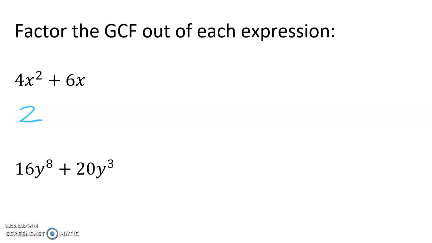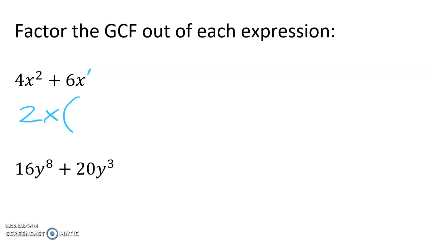Well, again, the smallest exponent would just be 1. I can factor out at least 1x out of both terms. So I'm going to write 2x, and I'm going to put that outside of a parenthesis. And then inside of the parentheses, I'm going to divide 4x squared and 6x by that greatest common factor.